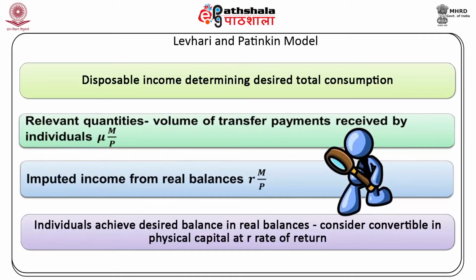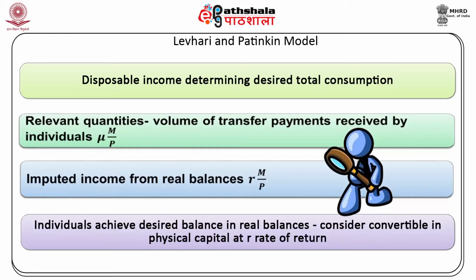Thus, for the disposable income, which determines the desired total consumption, the relevant quantities are the volume of the transfer payments actually received by individuals, that is μ times M/P, and the imputed income for real balances actually held, that is R times M/P.